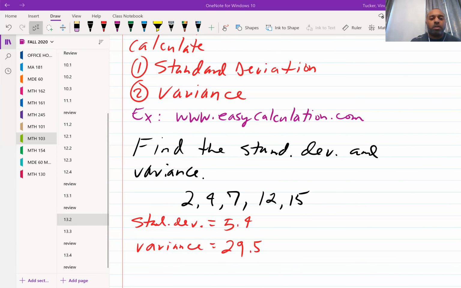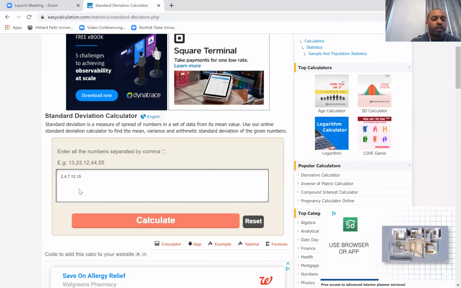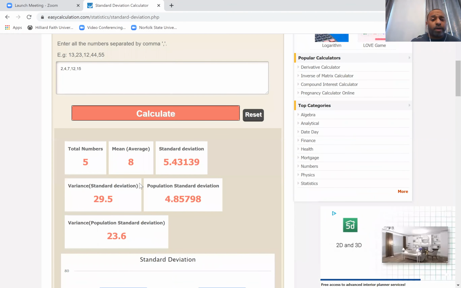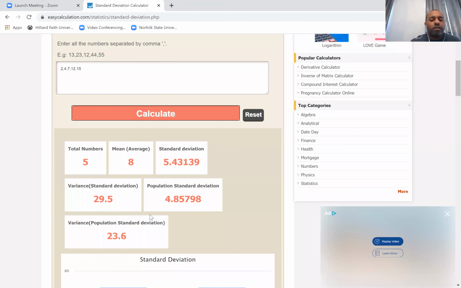So going back to the page, I typed in 2, 4, 7, 12, 15 and hit enter. And then it gave it to me. So just make sure you pay attention to the directions, whether they want the sample standard deviation versus the population standard deviation and variance.